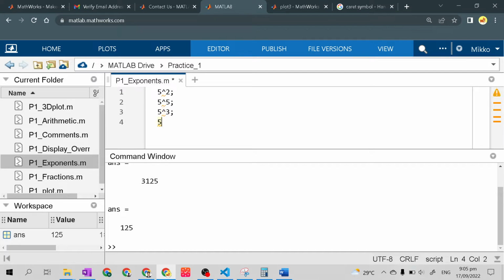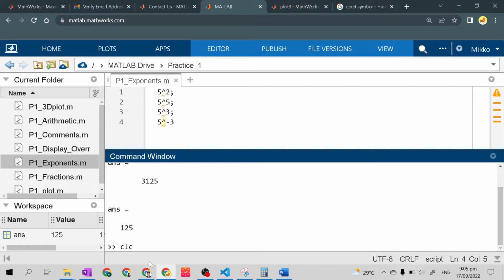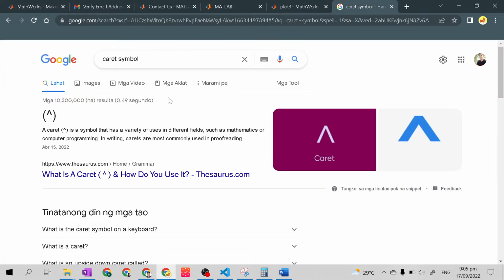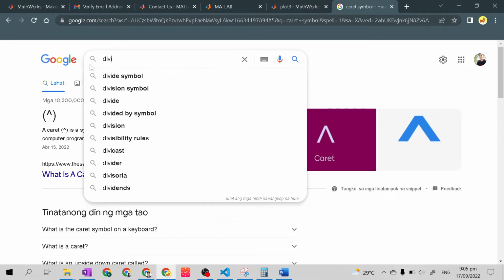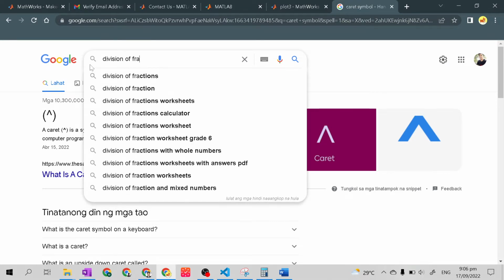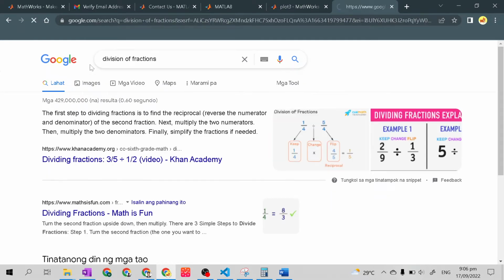5 raised to, let's see, negative 3. Okay, what does 5 raised to the negative 3 mean?